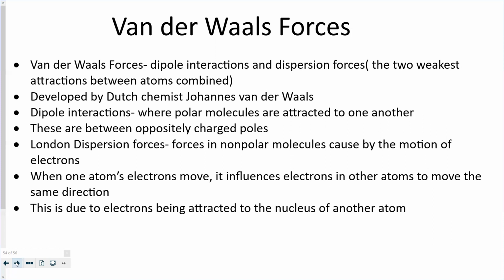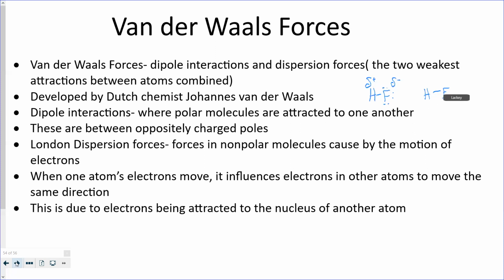So if we have something like HF, fluorine has a lot of electrons. It's the most electronegative, so that end is going to be slightly negative, whereas the hydrogen end is going to be slightly positive.